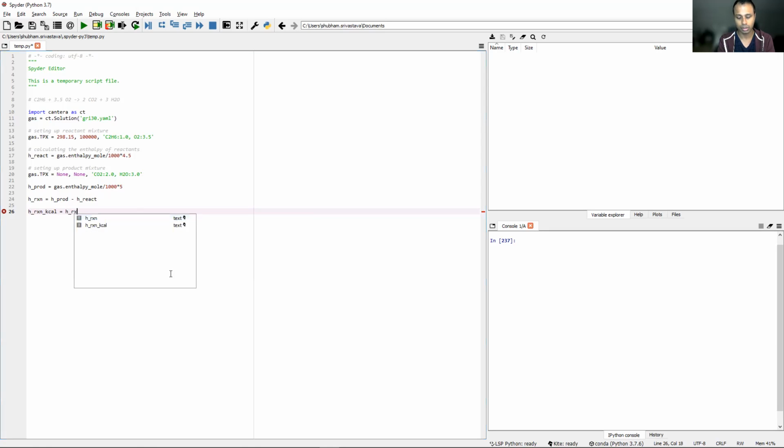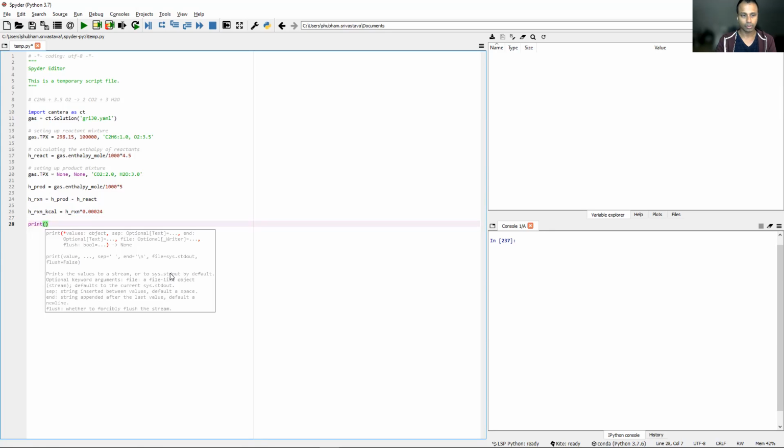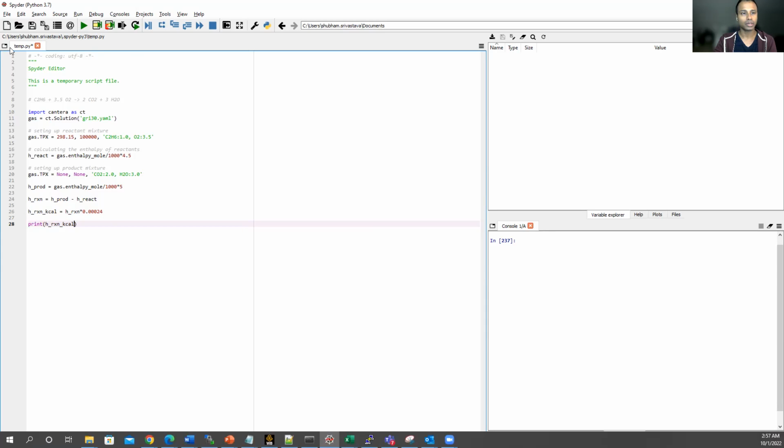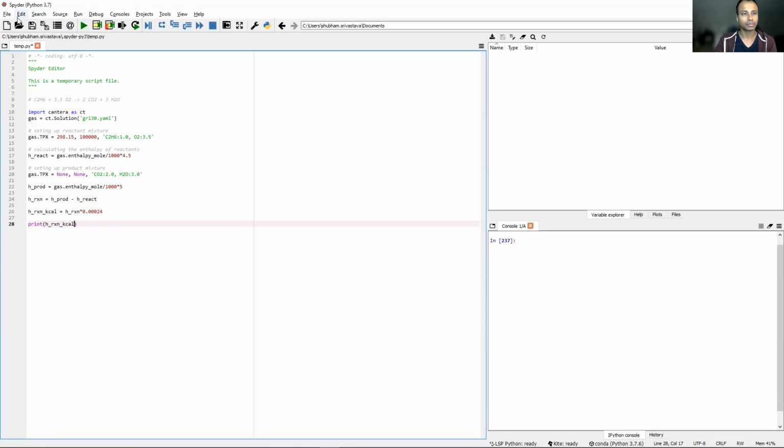H reaction times 0.00024. All right. Okay. So now let's just print this number, H reaction kilocalorie. Let's see what it does. First, we will have to save the script.